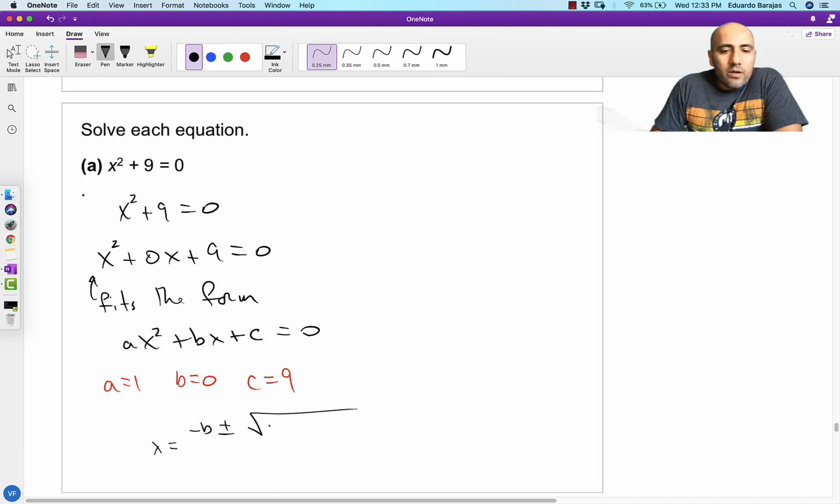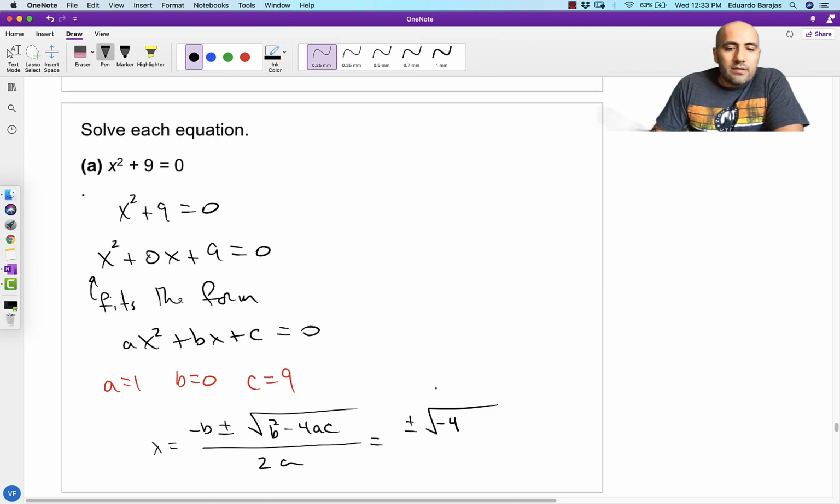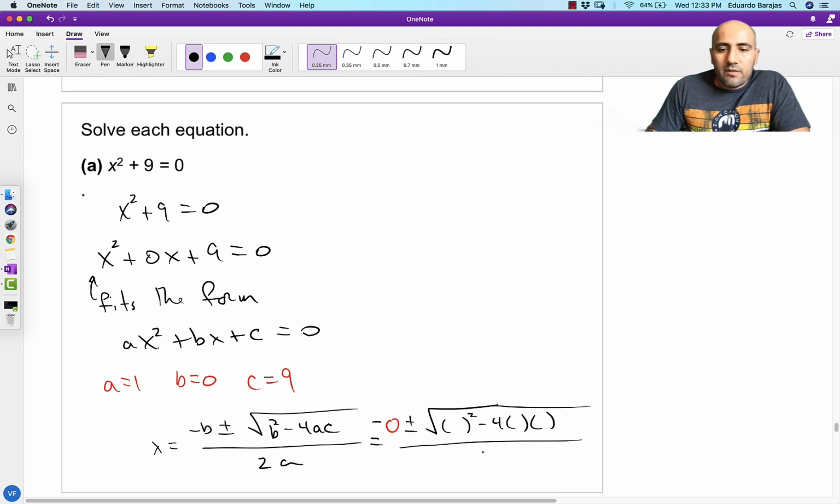And so now we can go over to our quadratic formula and say that x equals negative b plus or minus the square root of b squared minus 4ac, all over 2a. And now it's just a simple plug and chug, right? The b is a 0. So this is going to be equal to negative 0, and then 0 squared minus 4 times something, all over 2 times something.